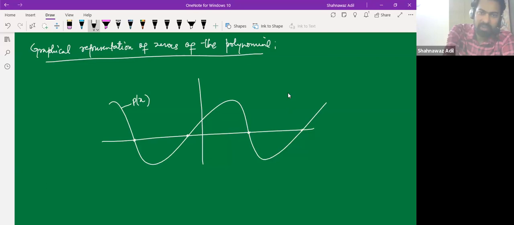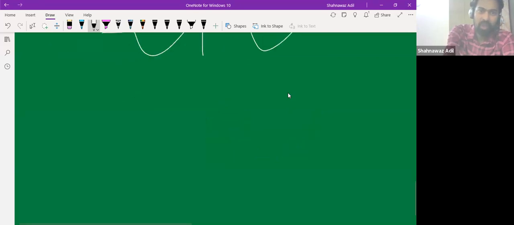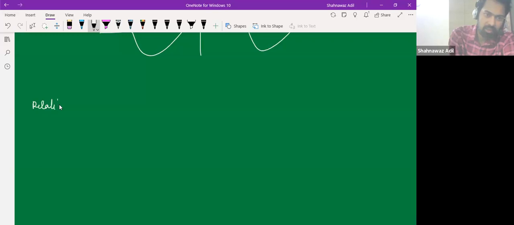And after that, we understood about the relationship. First, we understood about the quadratic equation or quadratic polynomial.